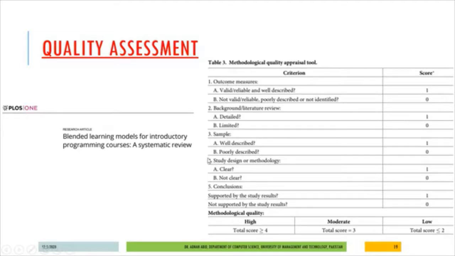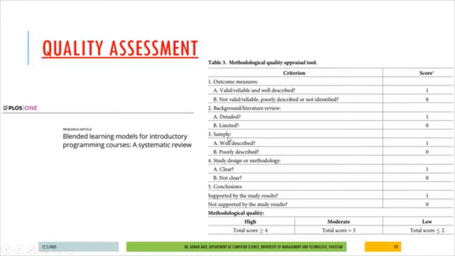If the article has these five things in an acceptable mode, at least three of them, then it can be considered. Otherwise, it will not be considered. So it has a measured outcome, that is, how it measured the work done, and it presents a background and literature review with proper detail. If it is reasonably detailed, we give it a score. If it is very limited, we do not give it a score.